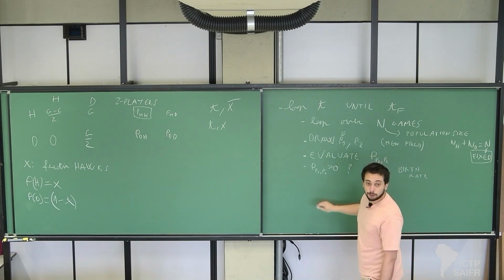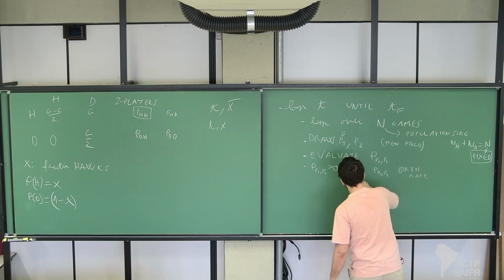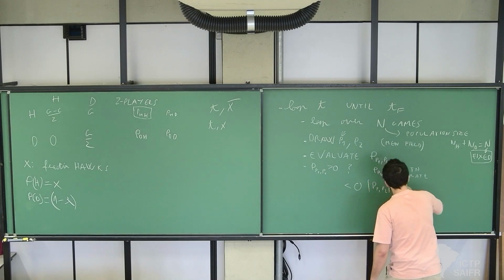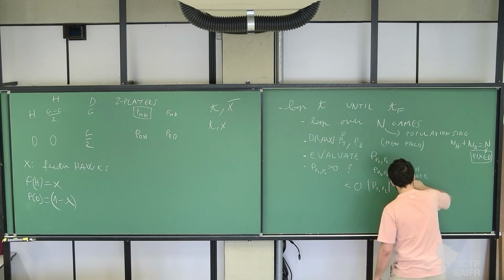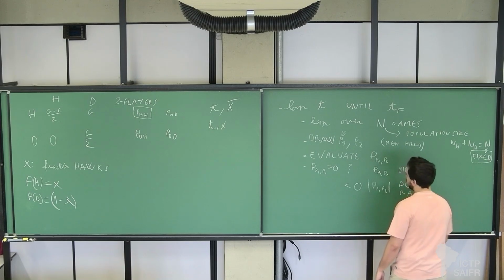If this is false, if this is less than 0, then P1, P2, the absolute value, it's a death rate. Okay?